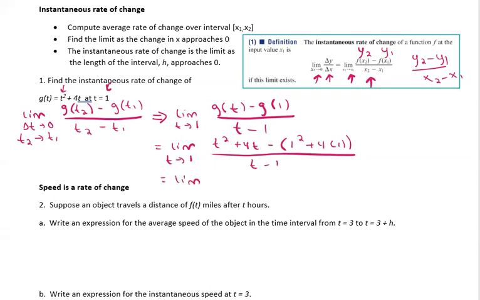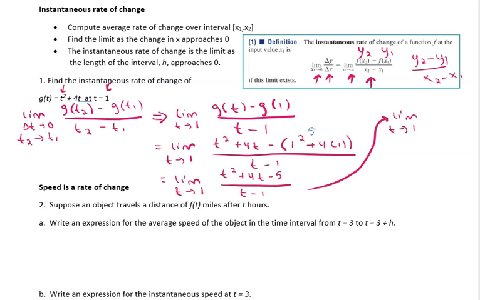So this equals the limit as t approaches 1. Now let's clean this up. 1 squared is 1 plus 4 is 5. So that means in the numerator here, we're going to have t squared plus 4t minus 5 all over t minus 1. Well, t squared plus 4t minus 5, that'll factor. So we have the limit as t approaches 1. Our denominator is not going to change, so let's keep our t minus 1 right there.